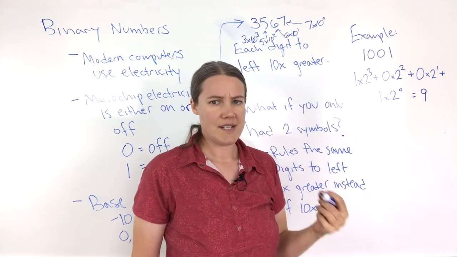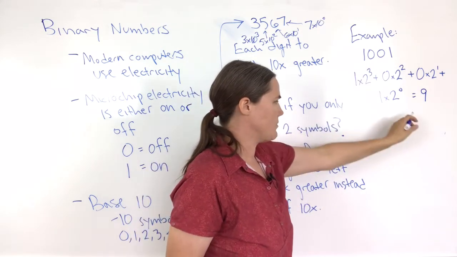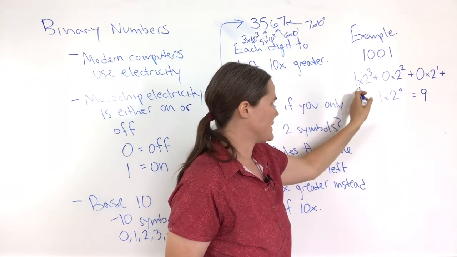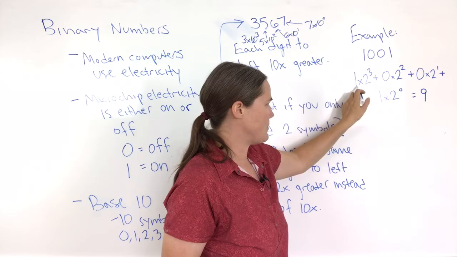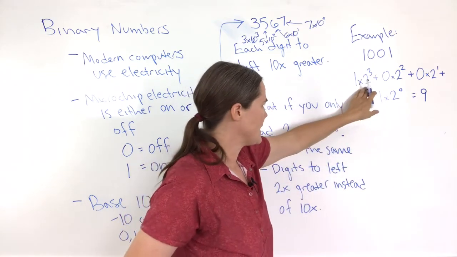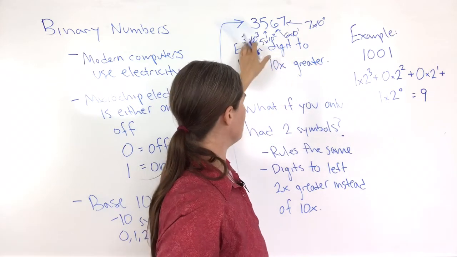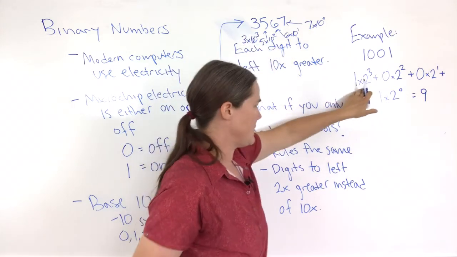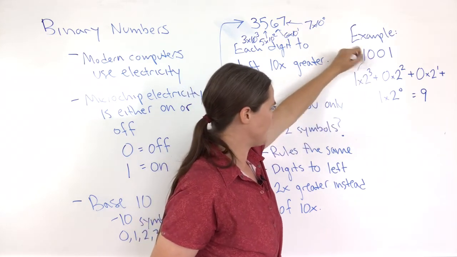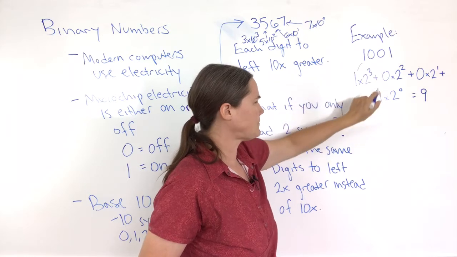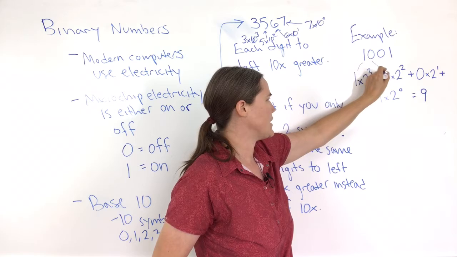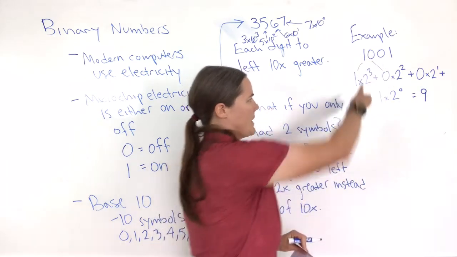So an example of this would be, let's look at this binary number. 1001 is actually equal to 9 in decimal, but to figure that out, in the equivalent spot to the thousands spot in the decimal system, we have 1 times 2 to the third, because there's a 1 right here. And then we have 0 times 2 squared, because we have a 0 in the binary number right here.